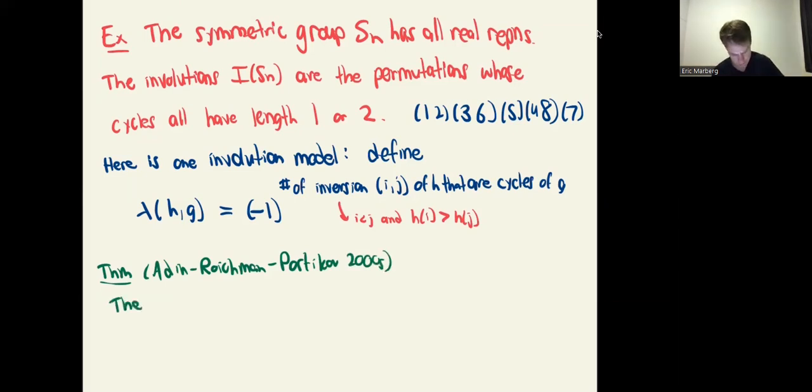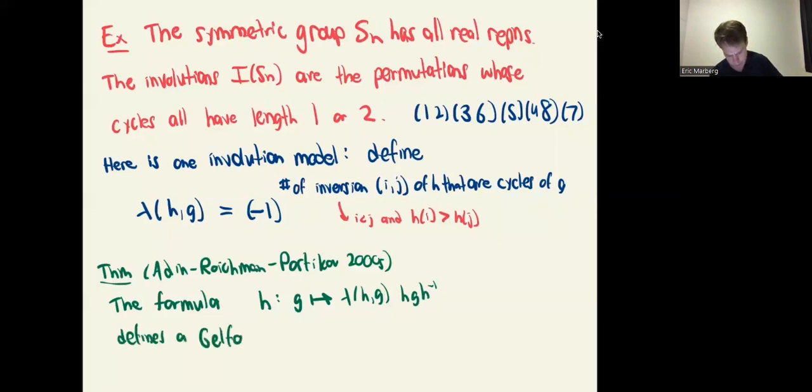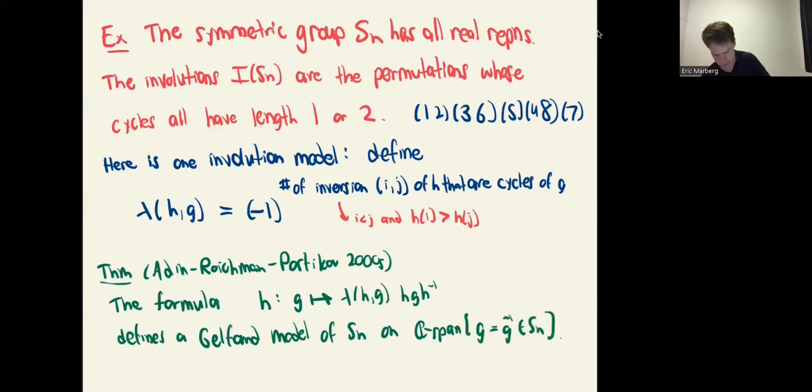Well, the resulting formula H sends G to lambda HG times HG H inverse defines a representation, let's say a Gelfand model of Sn on this space C-span of involutions in Sn. So we have this pretty simple formula.